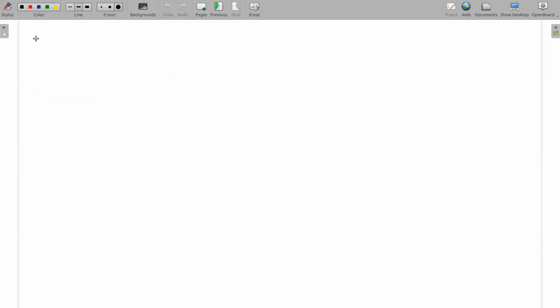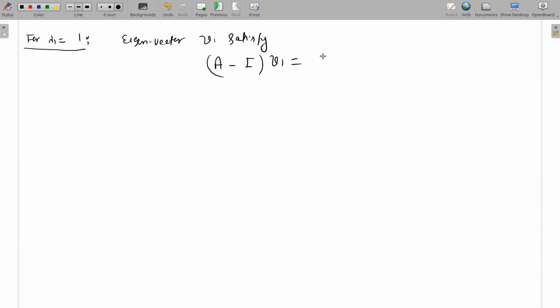so firstly for lambda 1 equal to 1, the eigenvector, let us say that is v1, satisfies the matrix equation (A minus I) v1 equal to 0.